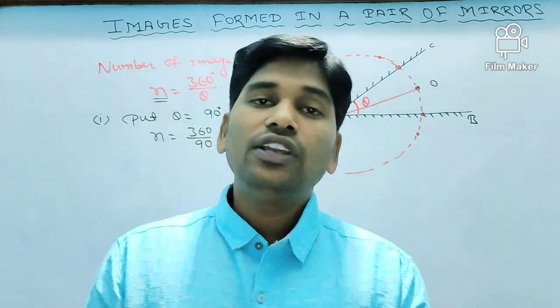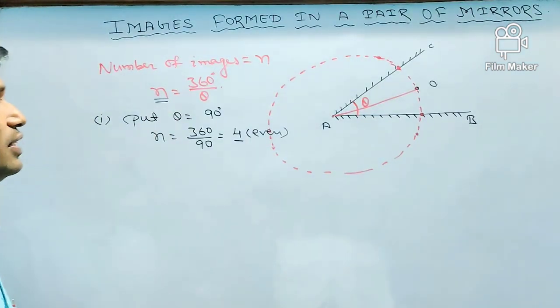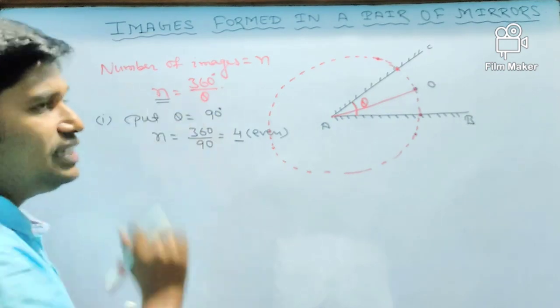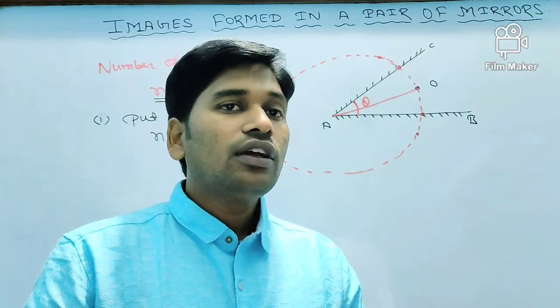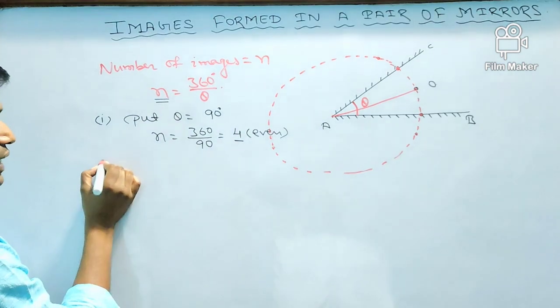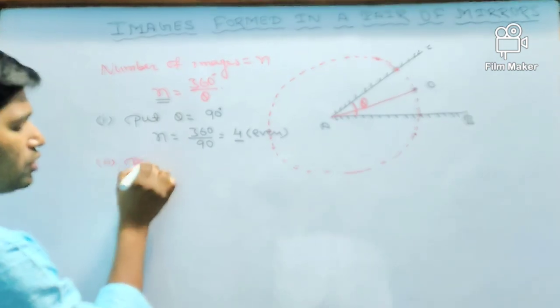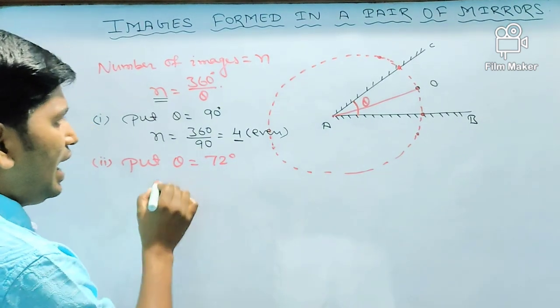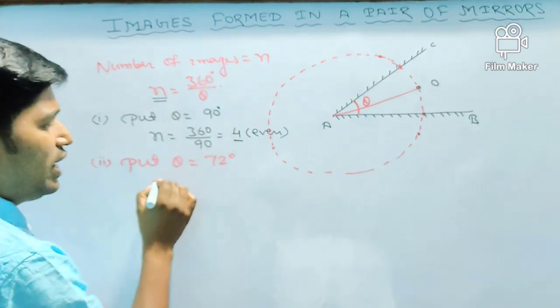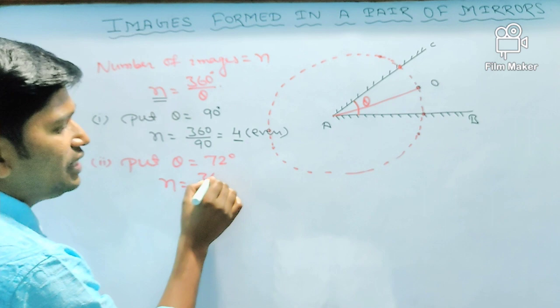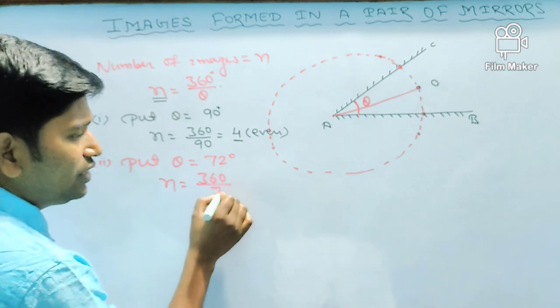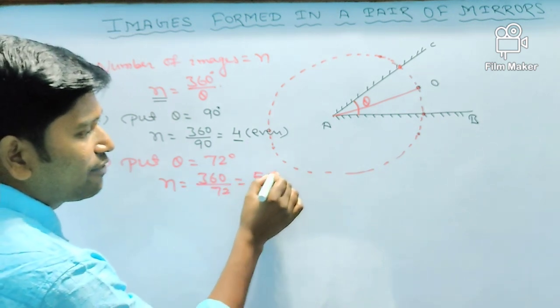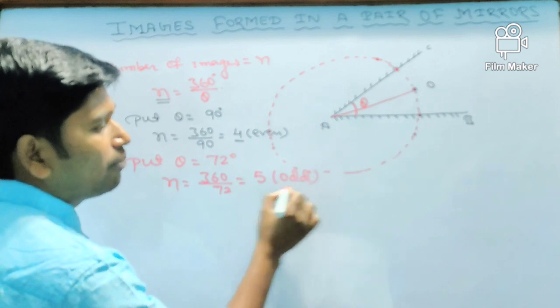Okay. Now children, the second case, suppose I take another value, theta is equal to 72 degrees, and then if we try to find the value of n, 360 by 72, we will get 5, which is an odd number.